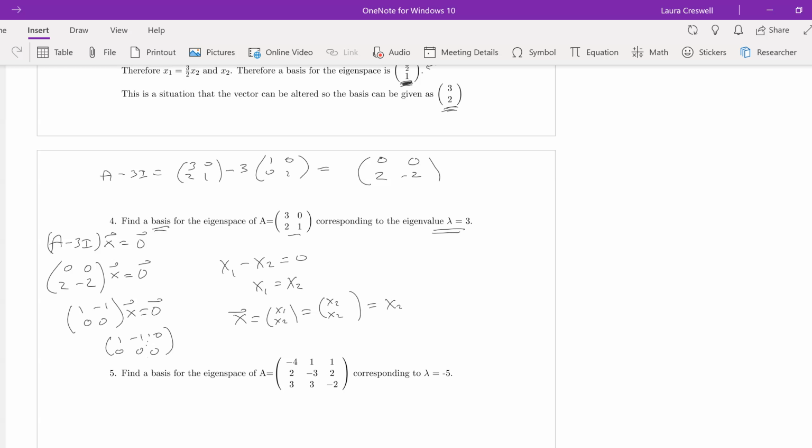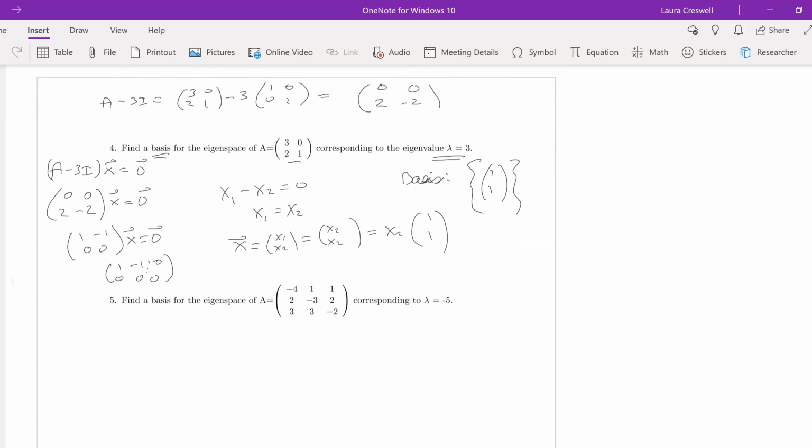If I factor out the x2, there's my eigenvector. So my basis for my eigenspace will be that one vector, 1, 1. And this means the span, these little parentheses. So this is the basis for the eigenspace for lambda equals 3.